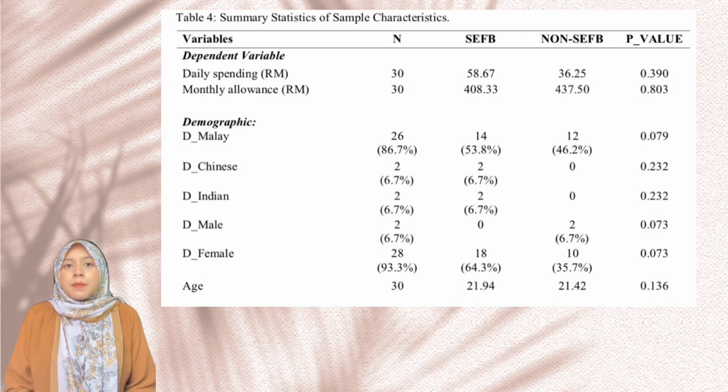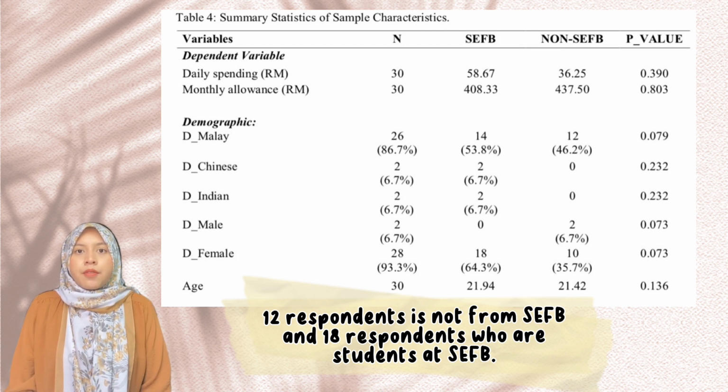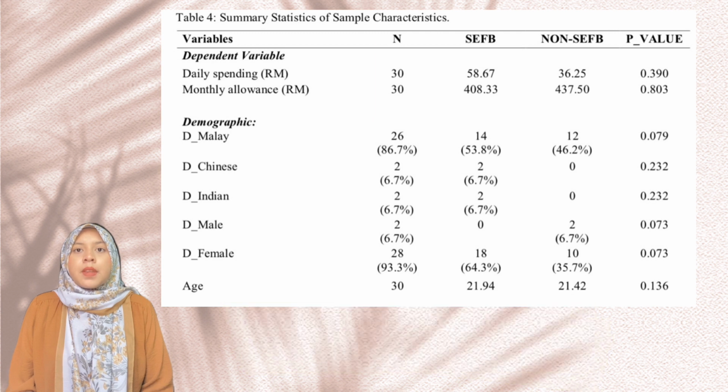Based on the summary statistics, 12 respondents are not from SEFB and 18 respondents are students at SEFB. The demography of SEFB, 64.3%, and non-SEFB, 42.4%, appear to be the same. Refer to the p-value column.